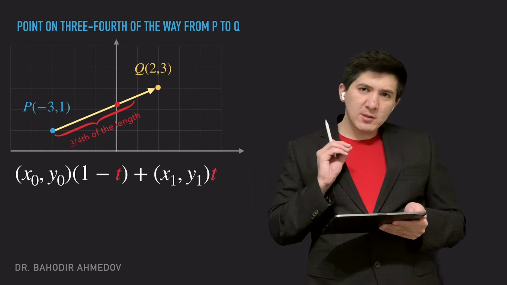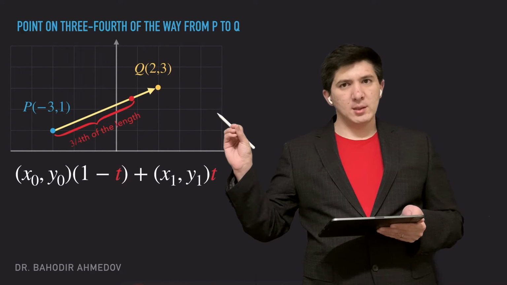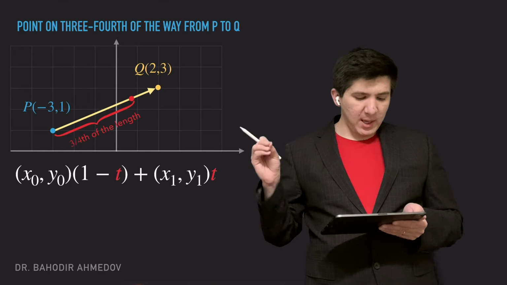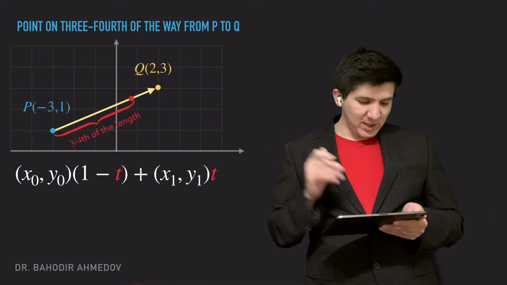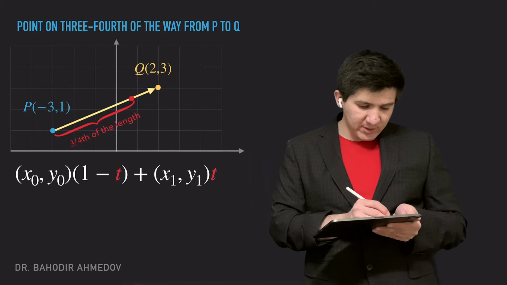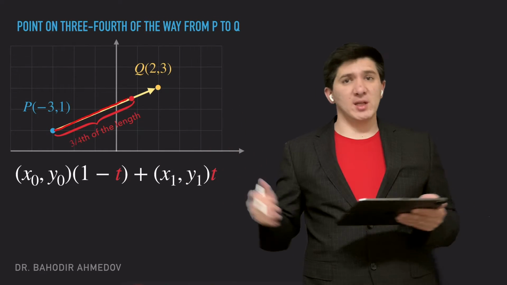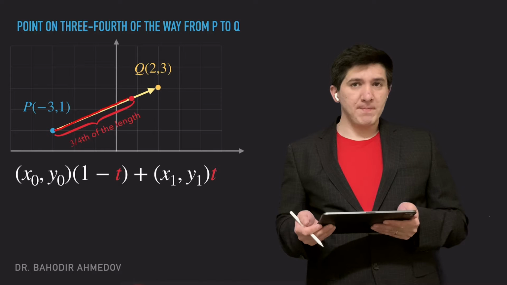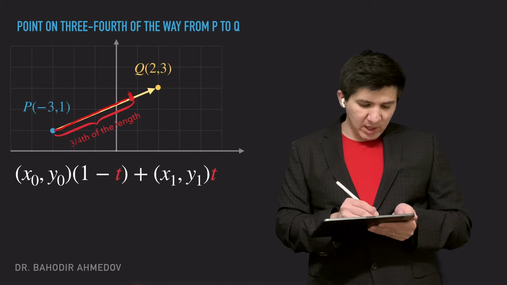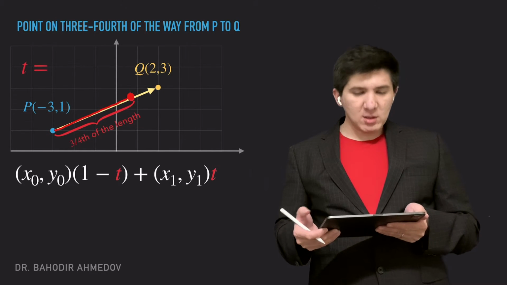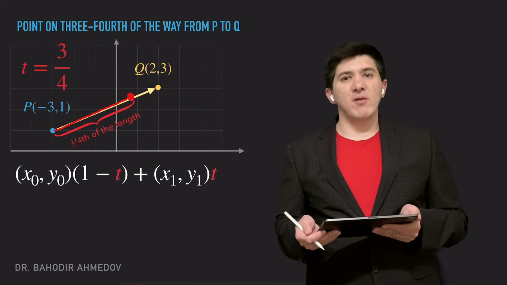I need to trace this point starting from P along this line and stop at a place where the length of this trace is exactly 3/4 of the length of the line segment. In order to calculate the coordinates of this red point, you just need to substitute the value t equal to 3/4 into the equation of a line segment.